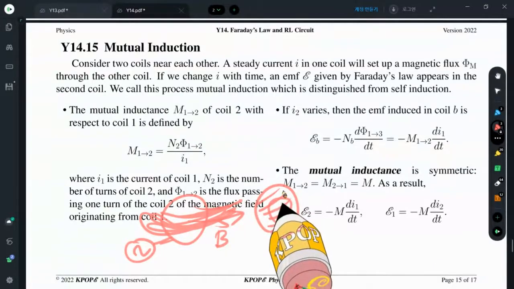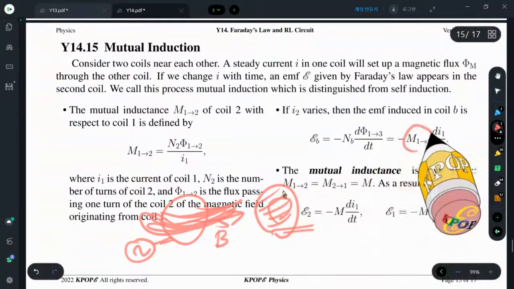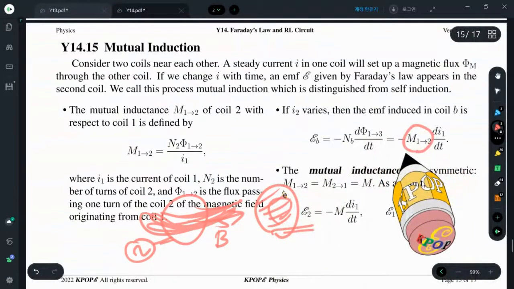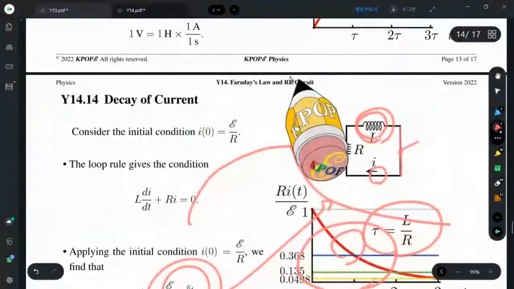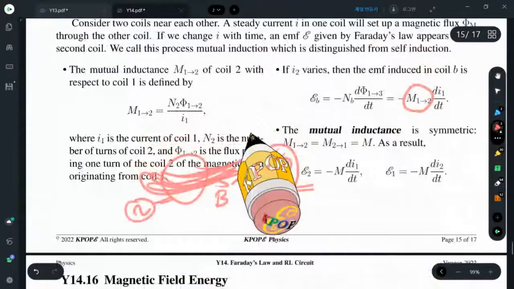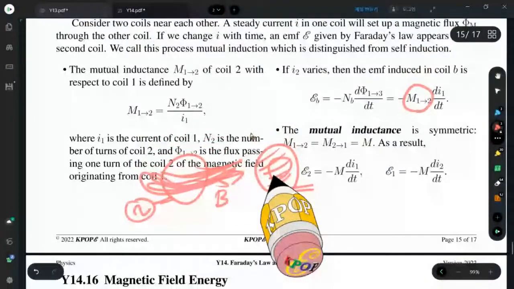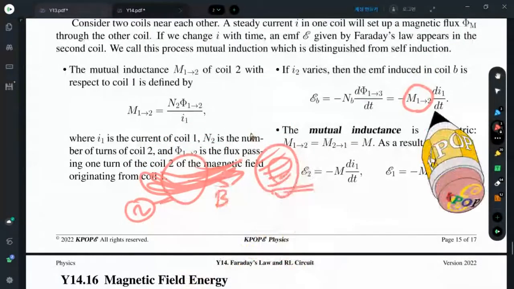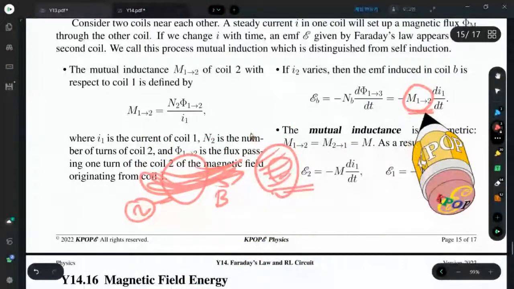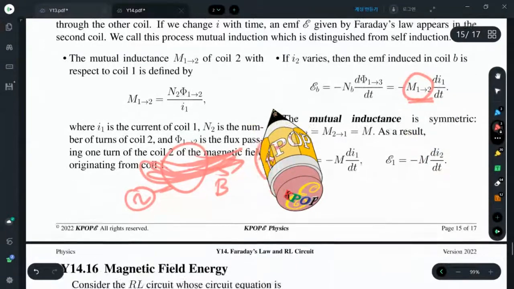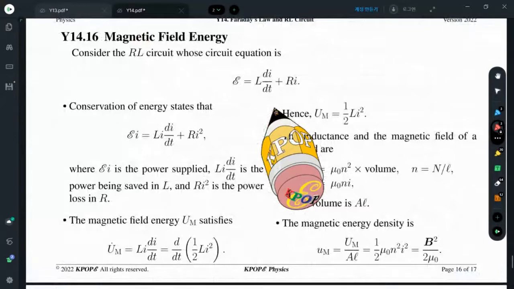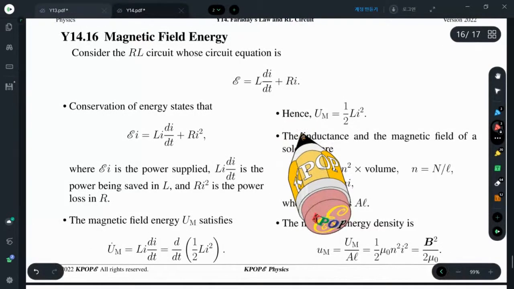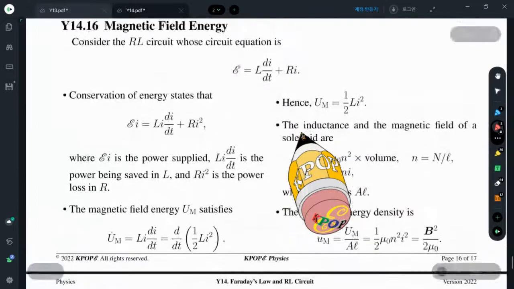According to Faraday's law, we have mutual inductance. Previously, self-inductance. The two disconnected circuits communicate with each other due to the mutual inductance. So that is the very basic idea of a transformer. Finally, we consider magnetic field energy.